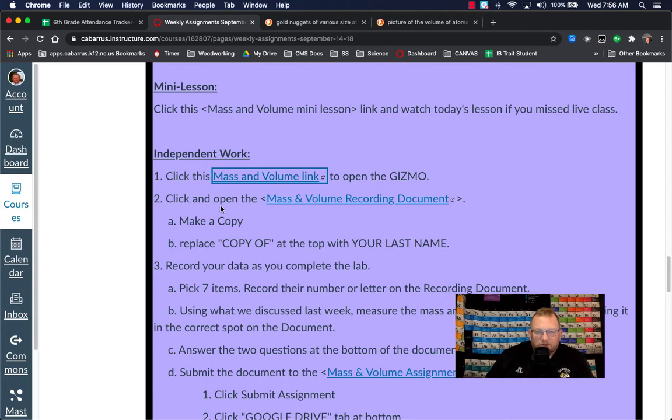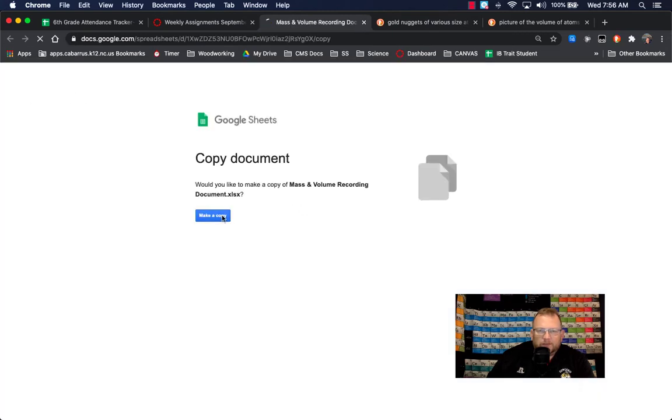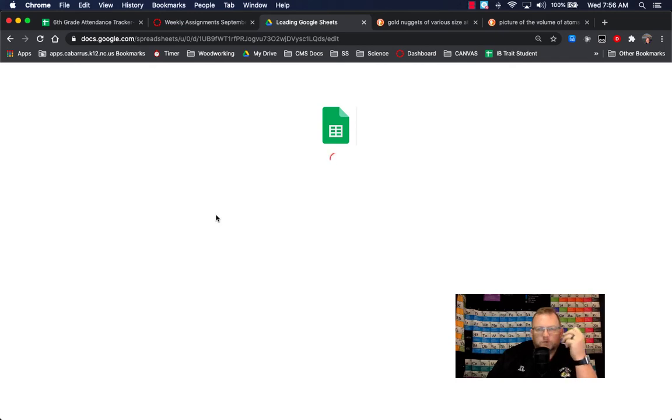So in a minute, you're going to click that mass and volume gizmo. You're going to open that. Before you do that, you need to get this recording document opened up. So you're going to click mass and volume recording document. You're going to make a copy. We're going to follow our normal procedures when we're doing this type of assignment.